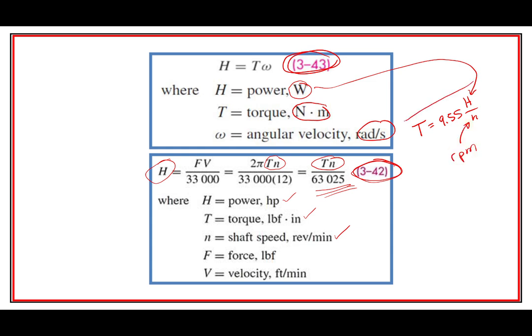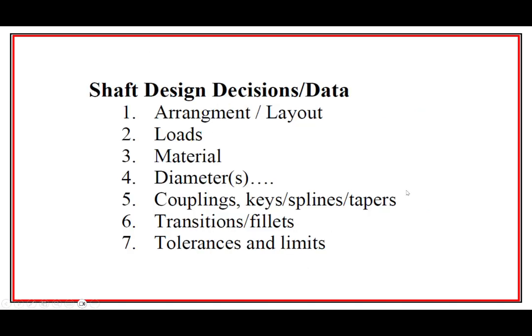So this is the equivalent equation to use when you're using SI. When you're using US, use the other equation for the relationship between torque, power, and RPM.